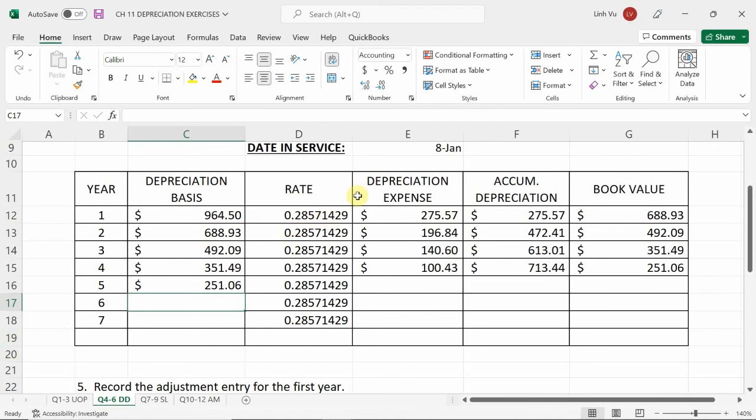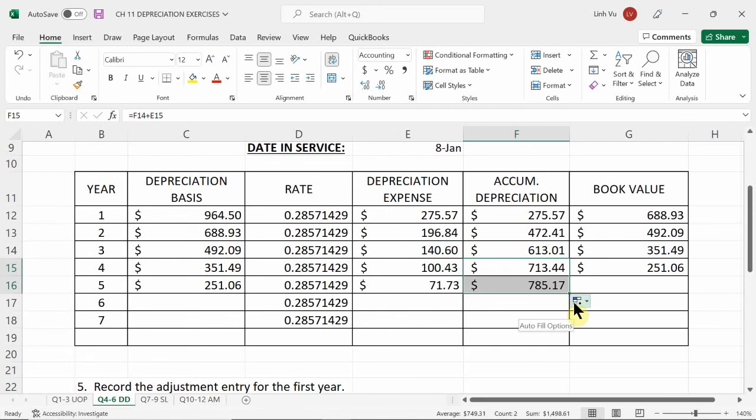So year five, what's my depreciation expense? 71.73. Good. Accumulated. 785.17. Good.